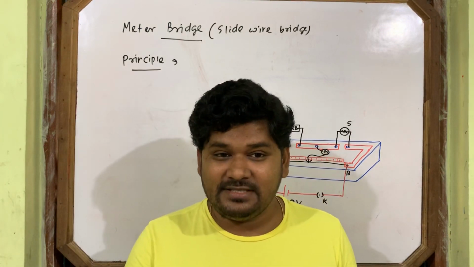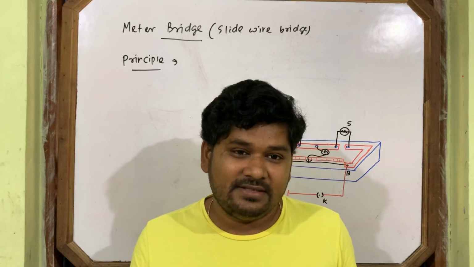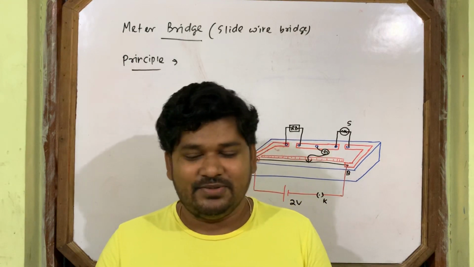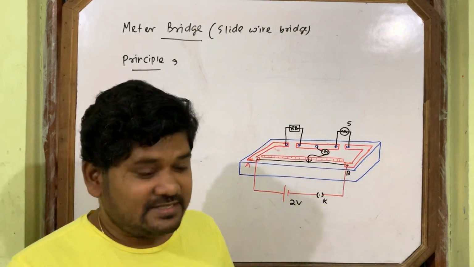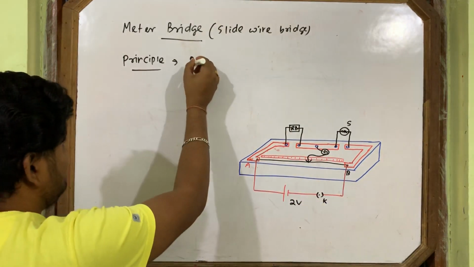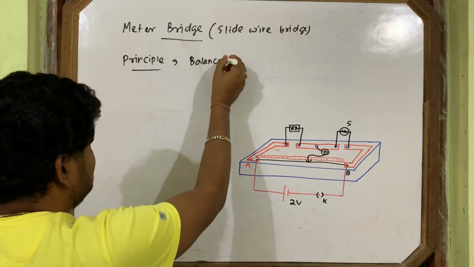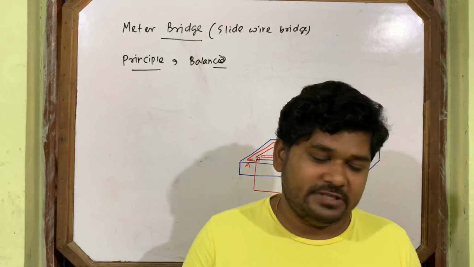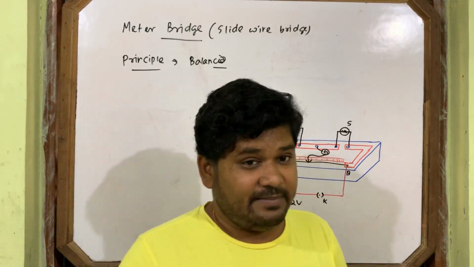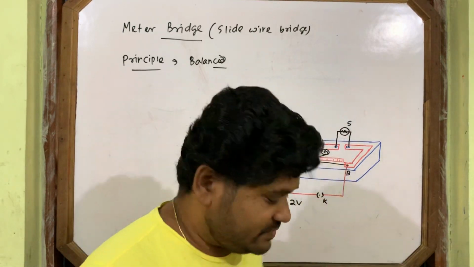If you don't write balanced, marks will be lost. So remember this one. The principle is a balanced Wheatstone bridge. This is the principle of meter bridge. Don't forget to write balanced. I am telling you this repeatedly.